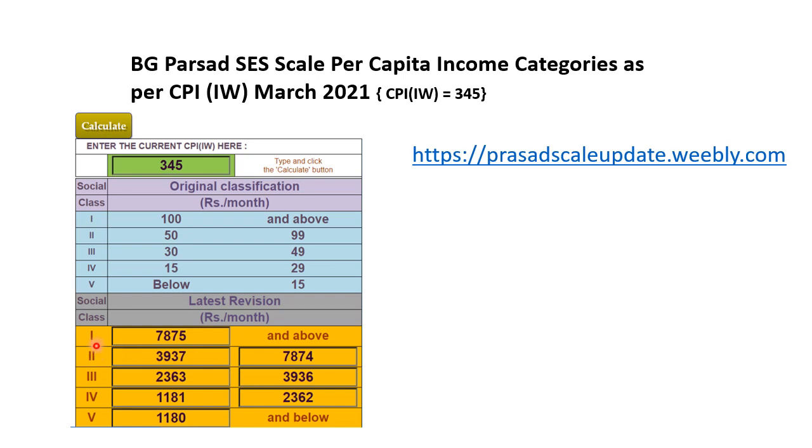So similarly these are the different social classes. These are purely based on the per capita income, no other factor is used. So you can also access the real-time update for this scale at this provided link.